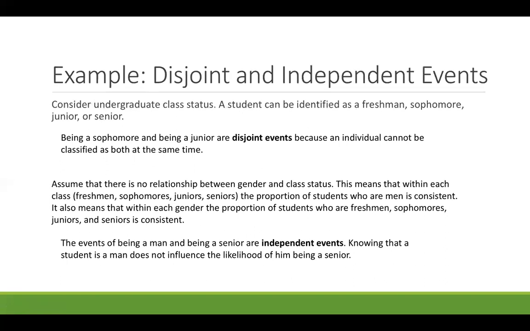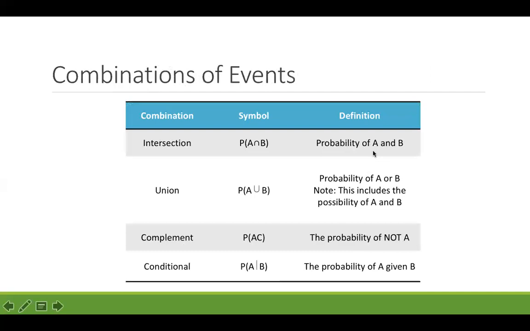So there's no way to say that if you are a girl, there's more chance that you'll be a freshman, a sophomore, a junior, or a senior than any other.